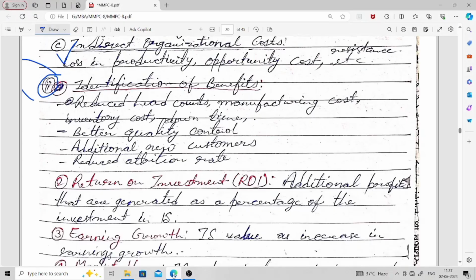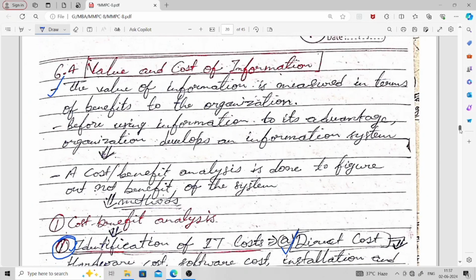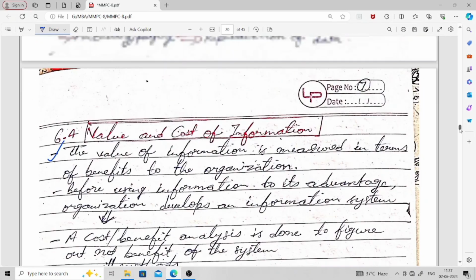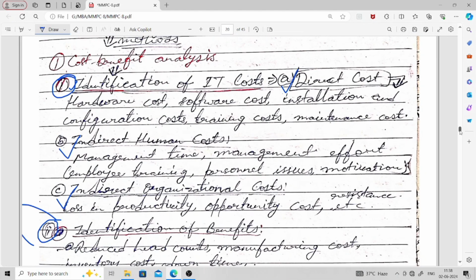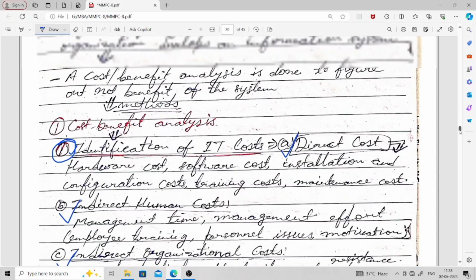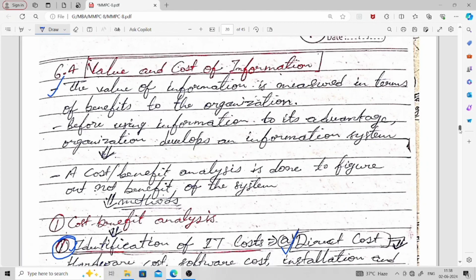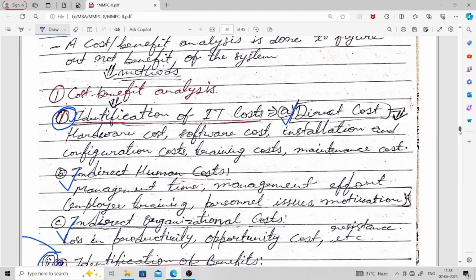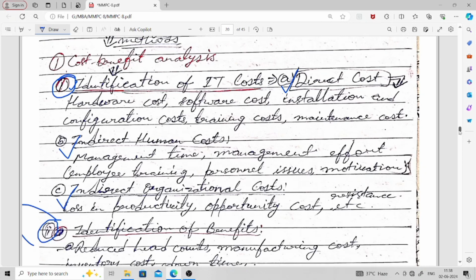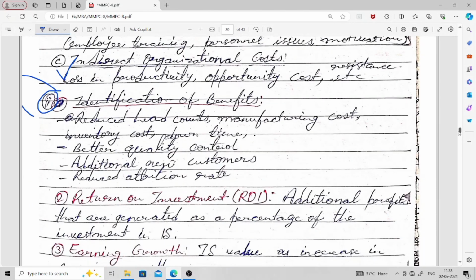Okay, now next we have return on investment, ROI. Right now we are doing value and the cost of information. So what different costs are involved, so that's why methods for analyzing the cost benefit. The first was the cost benefit analysis. So here we have the first thing which we talked about, that was identification of IT cost. The second thing which we need to consider is the benefit.